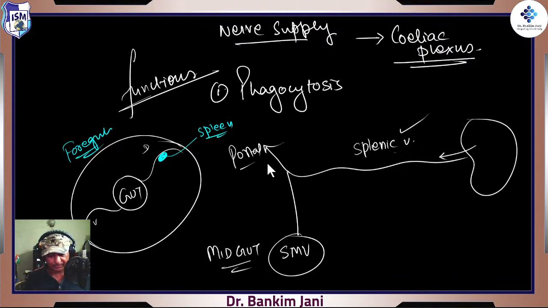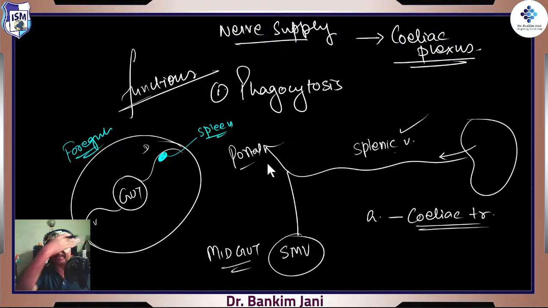Now spleen, if it is in foregut, then there is a specific artery and specific vein for foregut. For the foregut, the artery is celiac trunk, correct? Celiac trunk is giving the splenic artery on this side, it is giving hepatic, and on top of it giving left gastric, because stomach is also a part of foregut, up to D1.